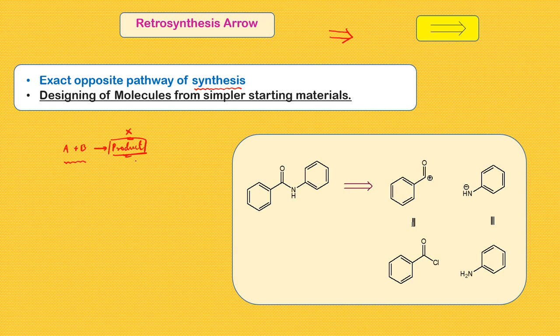But suppose someone asks you how you will synthesize the product; then the simple thing can be represented like this. The product, as we know, can be synthesized from A and B. That's it. So this is the synthesis that we are representing, that A and B form the product, and this is a retrosynthesis.